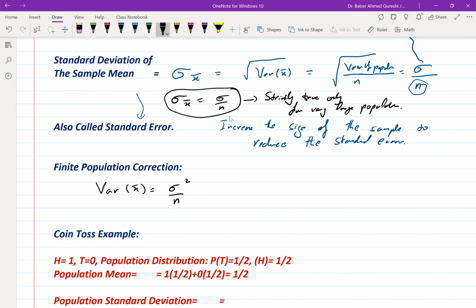But that's not the exact formula when you have a finite population. The correct formula is this one, where capital N is the size of the population and small n is the size of the sample.